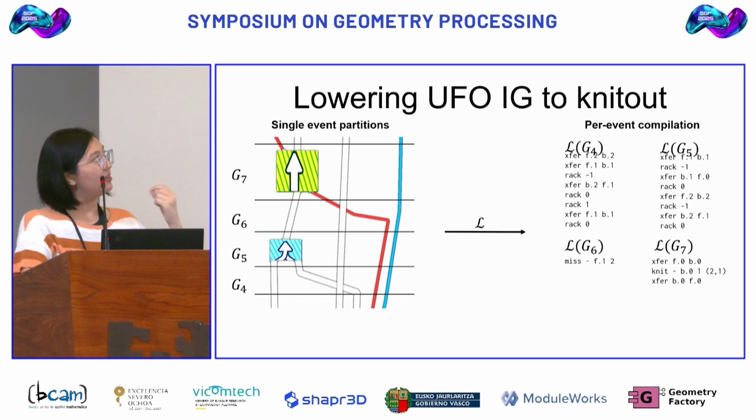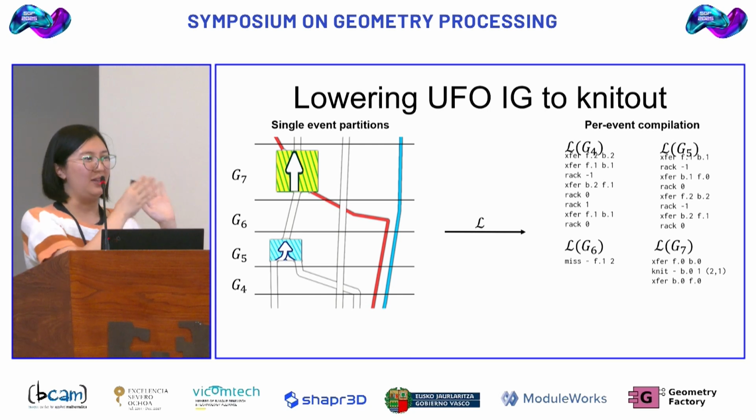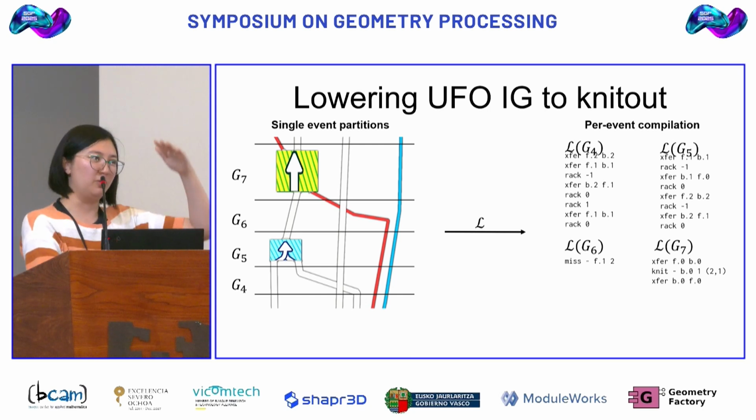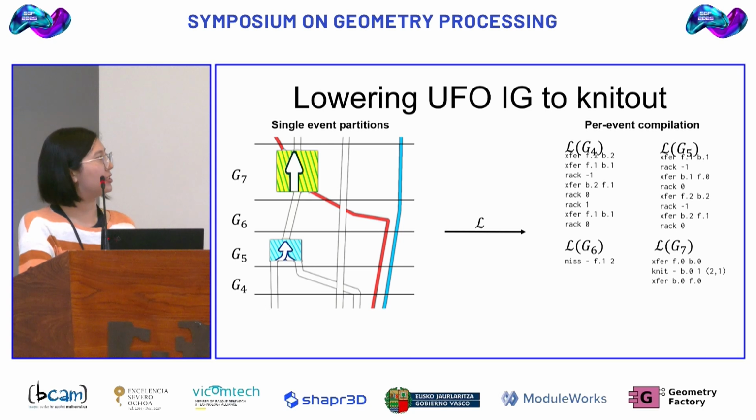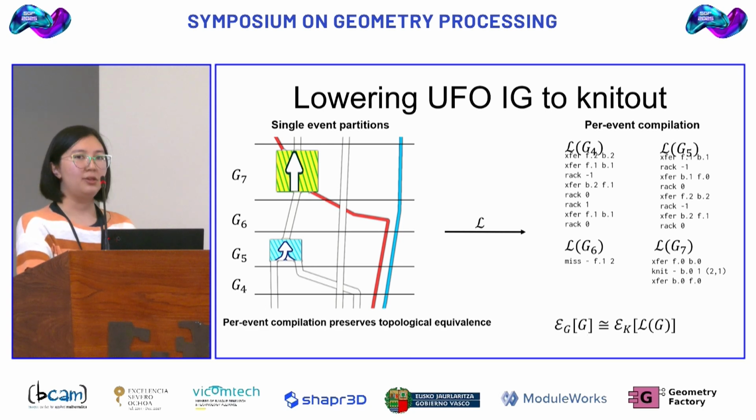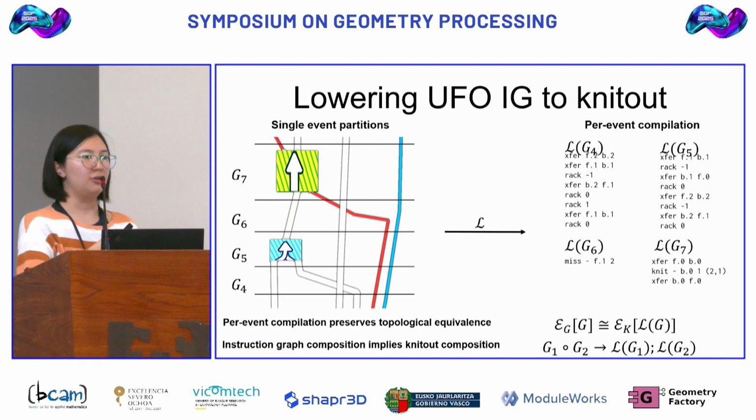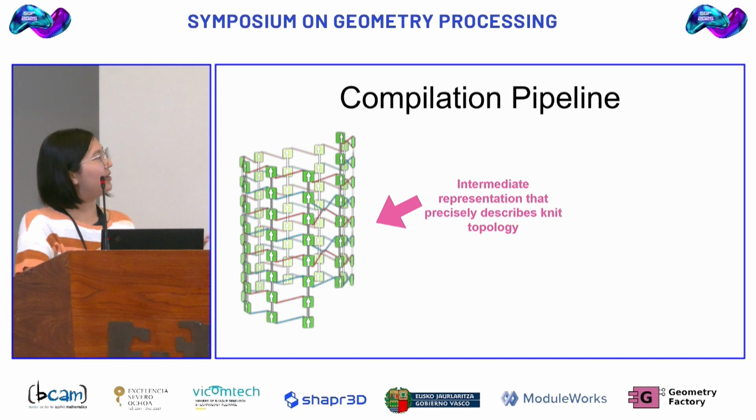The main thing to point out here is that it lowers to a program with multiple statements, but we know what that lowering function is. We just have to make sure that this lowering function always preserves topological equivalence, while also making sure that the composition of these subprograms will always be valid. As a summary, we have this representation of knitting at this intermediate stitch/yarn level.